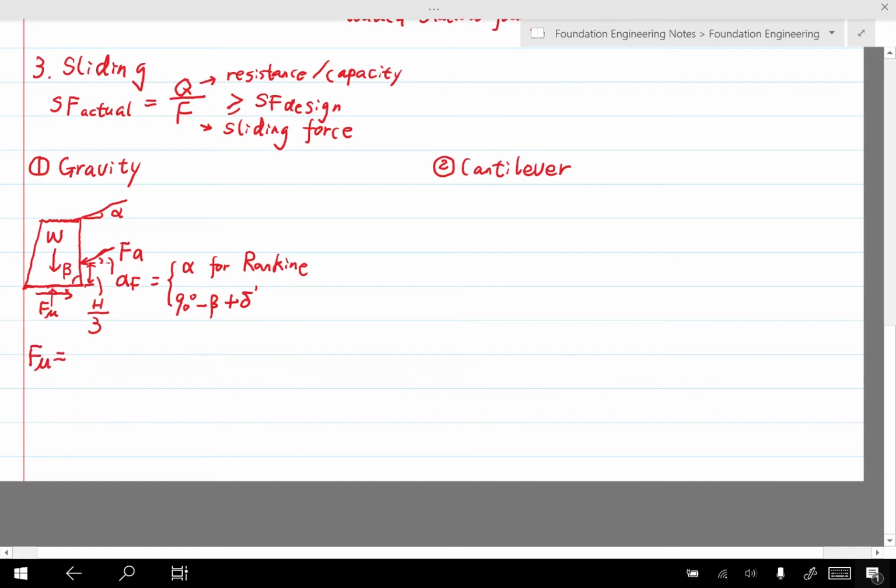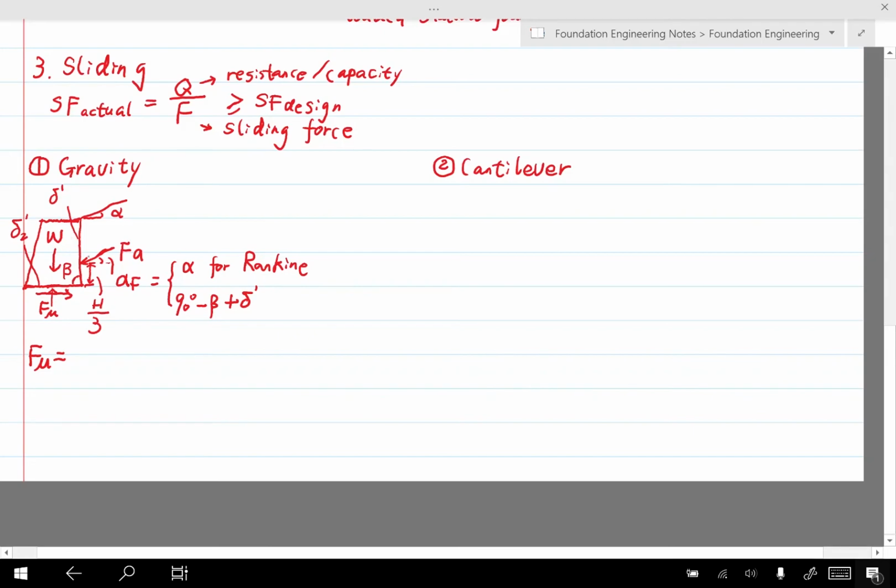We know F mu equals the product of the normal force and the friction coefficient. Let's say this delta prime is the friction angle between the wall and the backfill. And sometimes we will use a different friction angle between the bottom of the wall and the soil below it. That's called delta 2. But in many cases, people use the same angle for these two friction angles.